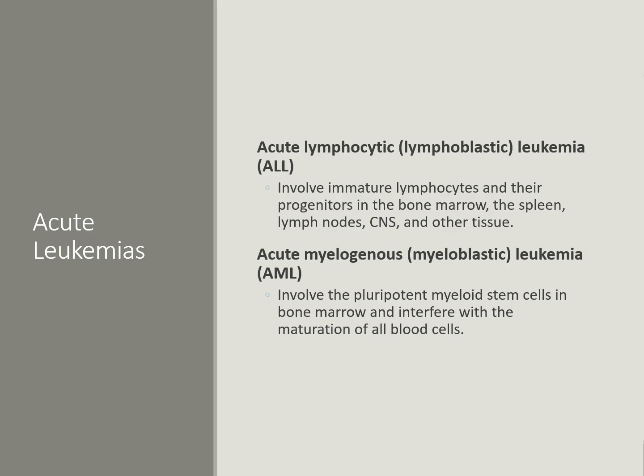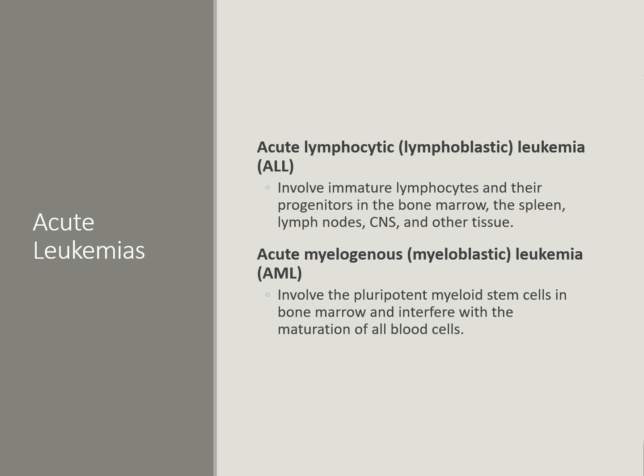Again, lymphocytes are your T and B cells coming from lymphoid tissue. ALL is common in kids, and AML, which we'll talk about next, is more common in adults.